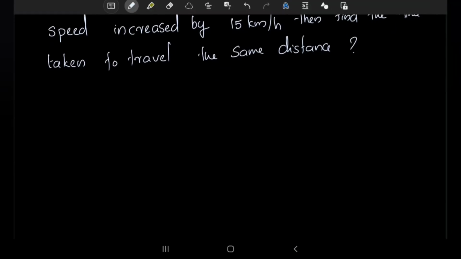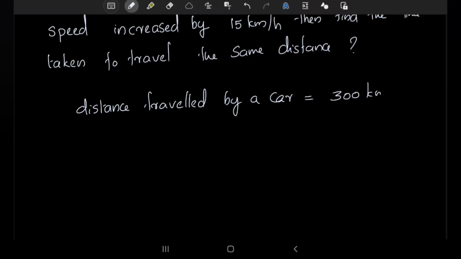The distance traveled by the car is given as 300 kilometers and the time taken is given as 5 hours.